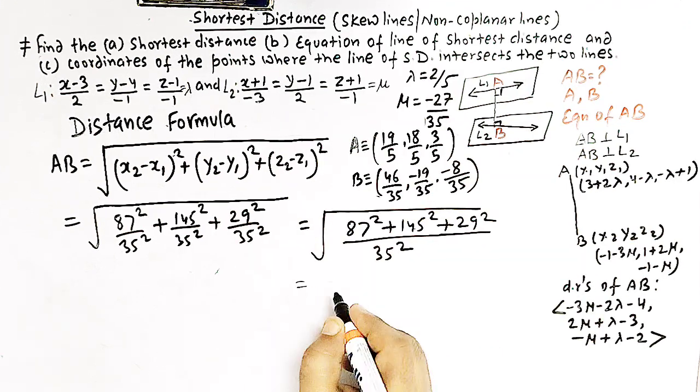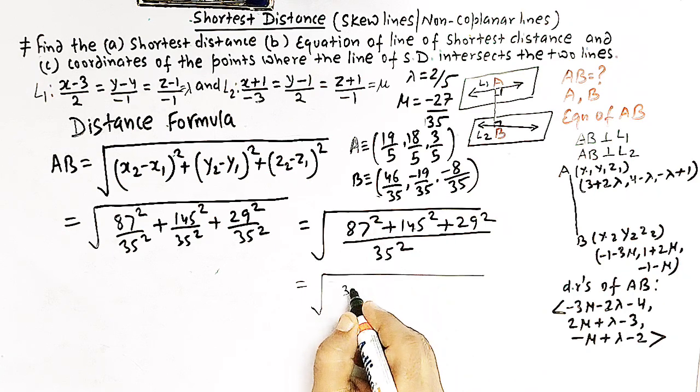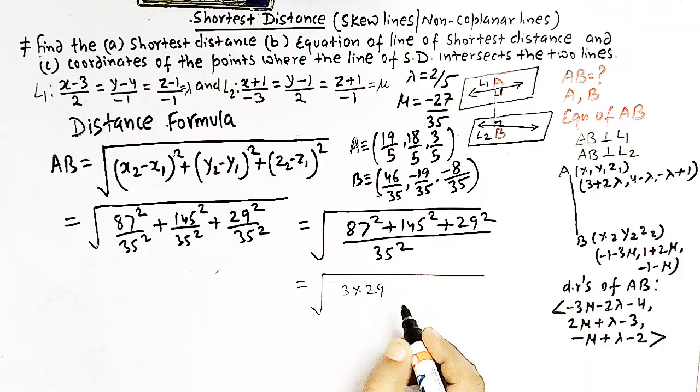So now we can here write, see here 87 can be written as 3 times 29, right?